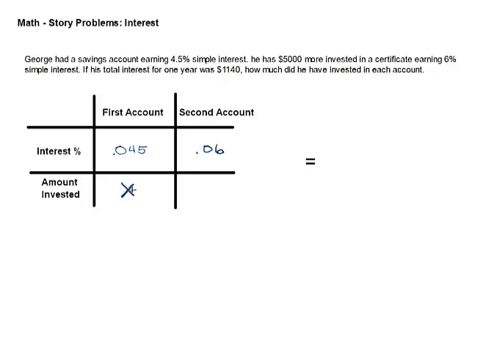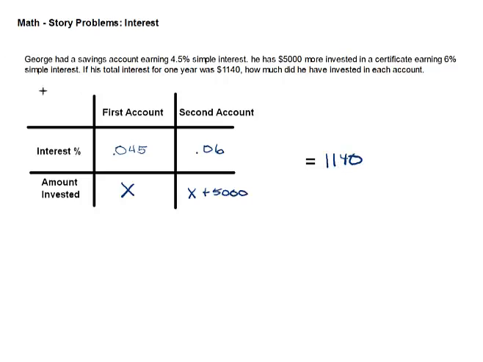So X plus 5,000 would be how much he has in this account. Once we find out what X is, we can find out how much he has in this account. And his total interest earned for 1 year was $1,140.